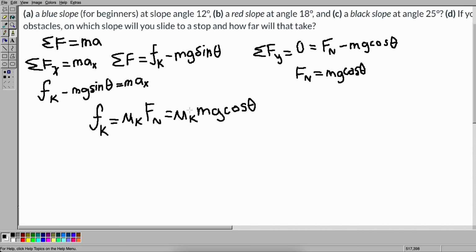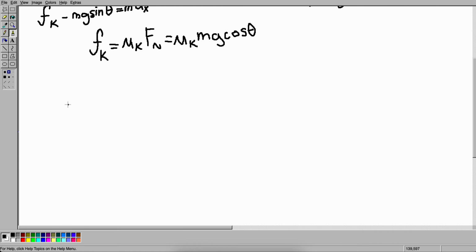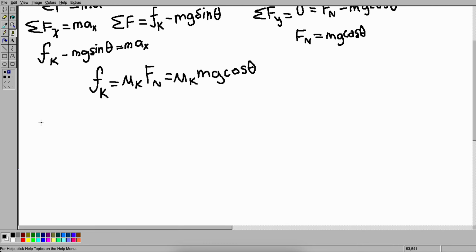And we can take this and plug it into our equation up here and get that mu sub k times mg cosine theta minus mg sine theta is equal to m times the acceleration in the x direction.